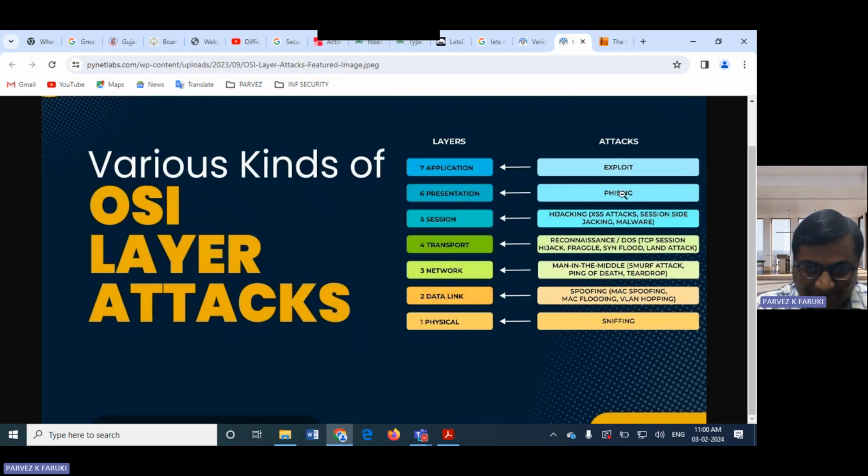So phishing attacks, right? You deploy a social engineering attack at the presentation layer, and at the application level, you use a large number of exploitation tools to attack them. So you have to remember that these attacks are all possible while confidential transactions are going on.